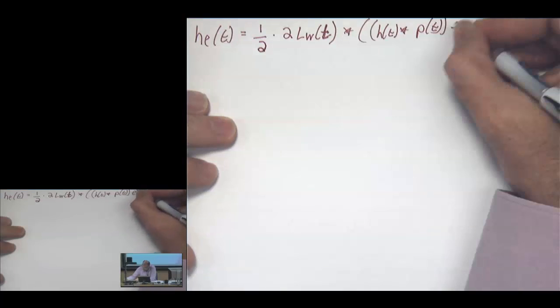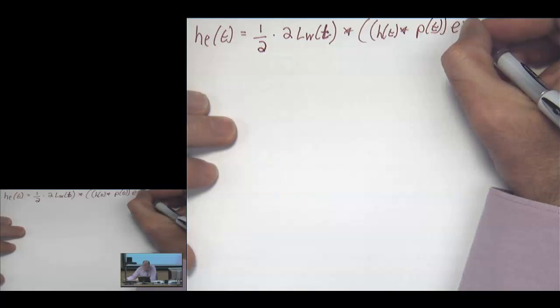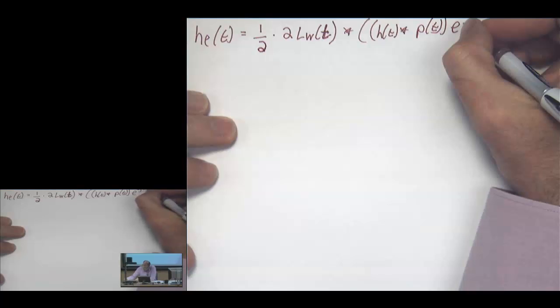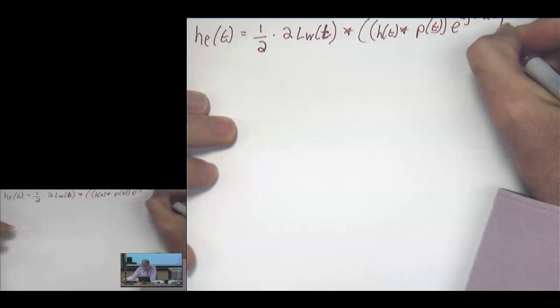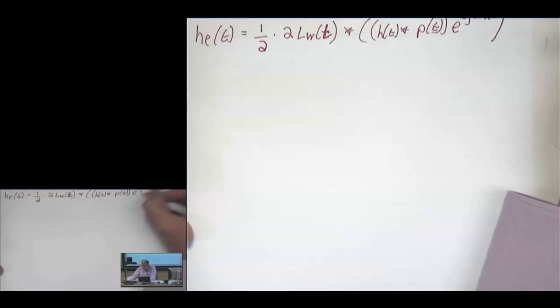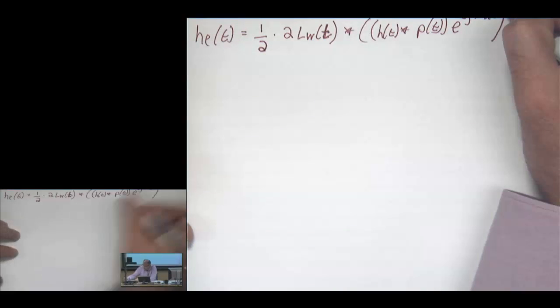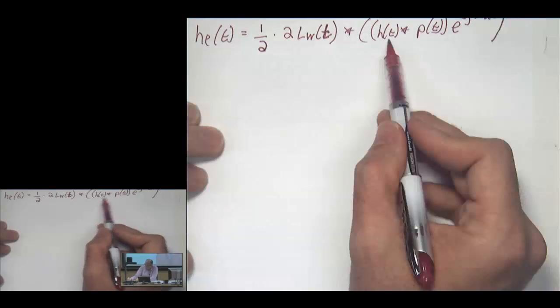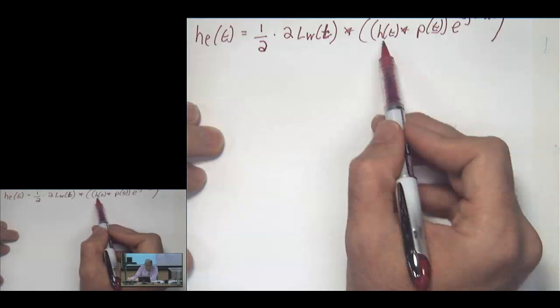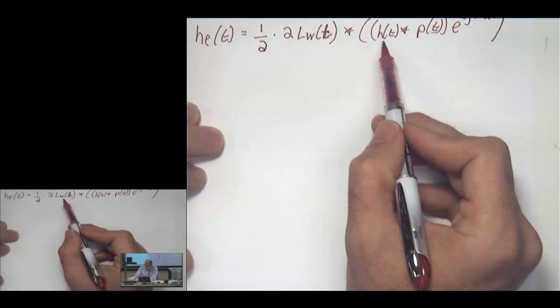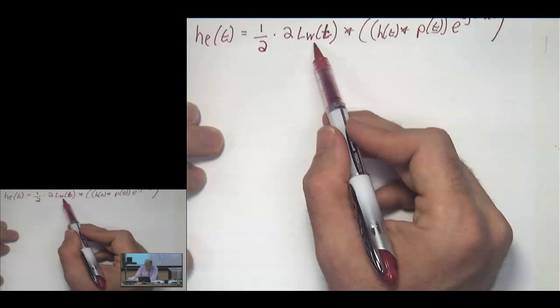And that whole thing here is multiplied by e to the minus j 2 pi f_c t. So I'm writing the complex equivalent here. So instead of writing the cosine and sine separately, I'm putting them together in the complex exponential here. But this is basically the idea: channel filtered by an ideal passband filter, converted back to baseband, and that whole thing low-pass filtered.